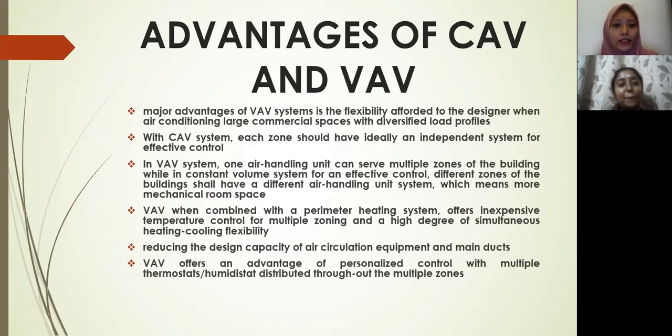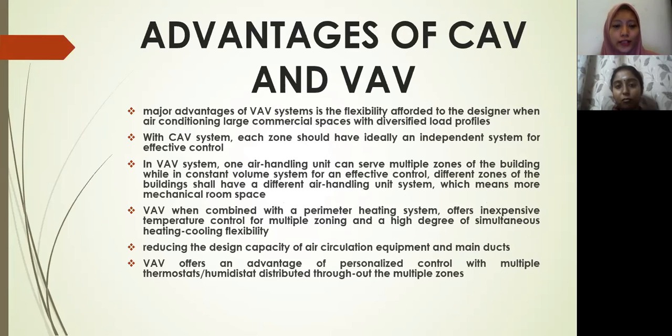The major advantage of VAV systems is the flexibility afforded to the designer when air conditioning large commercial spaces with diversified load profiles. With CAV systems, each zone should ideally have an independent system for effective control.